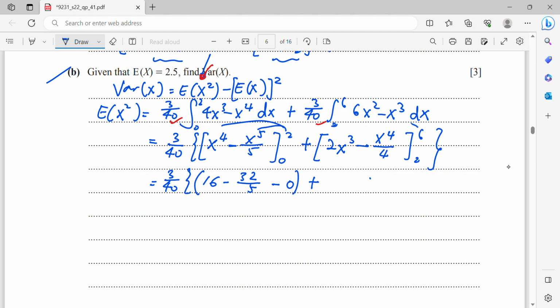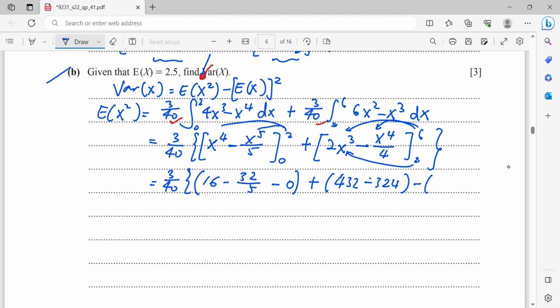So now when I replace the x by 6 here, right? 2 times 6 cubed will be 432. Minus, when I replace the x by 6, it will be 6 to the power of 4 over 4. So you will get 324. Right? And minus, when the x is replaced by 2.